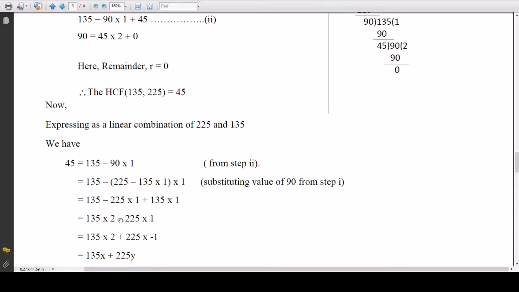If you change this sign minus to plus and make it 225 multiply with minus 1, what you will get here, if you multiply you will get the same thing only, isn't it? Minus with plus, again minus, 225 multiply 1 is 225 multiply 1, same thing you will get.